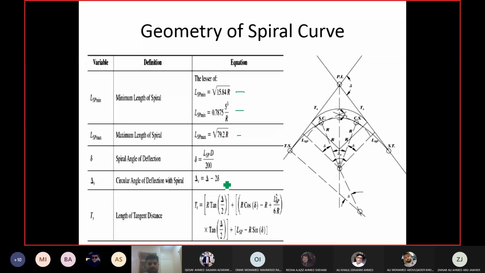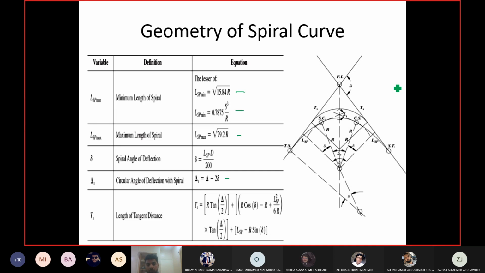To understand this relationship, come to this figure. So we have two tangents. The tangents are meeting at PI, and the angle between the tangents is delta. Now I told you previously when we were discussing the horizontal curves that if the angle between the tangents is delta, then the angle made by the circular curve is also delta.